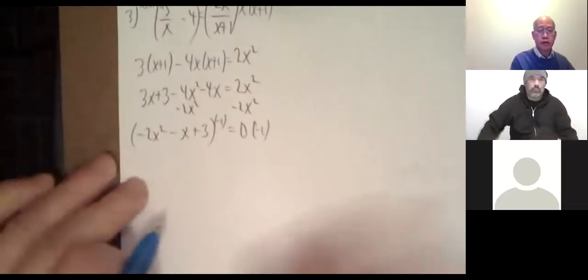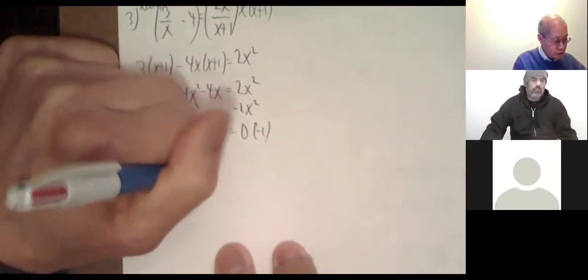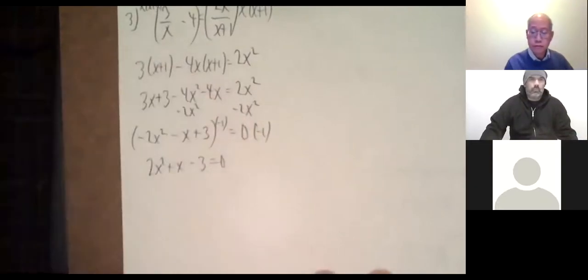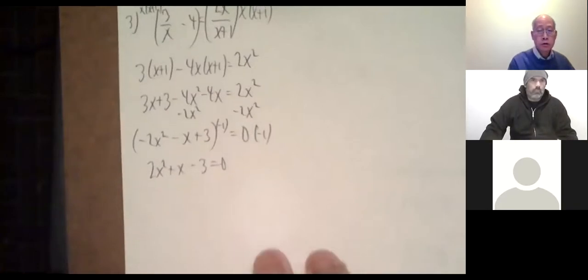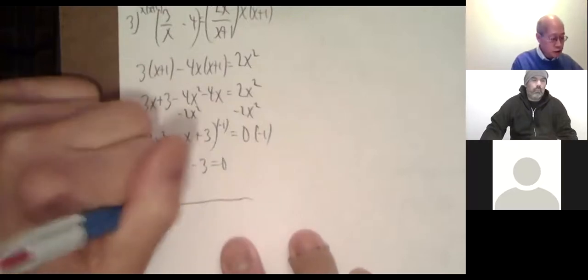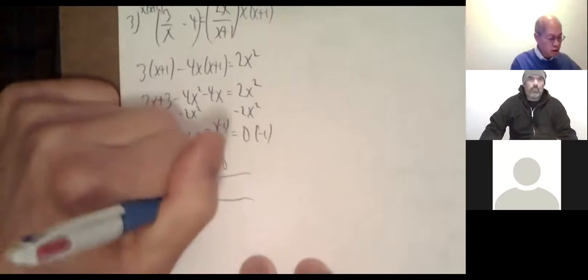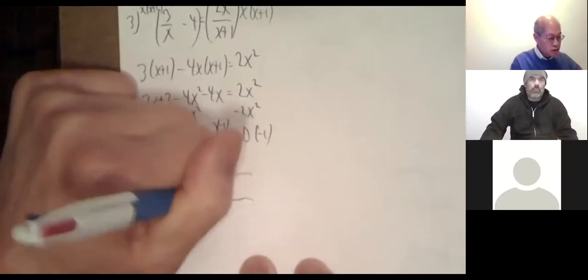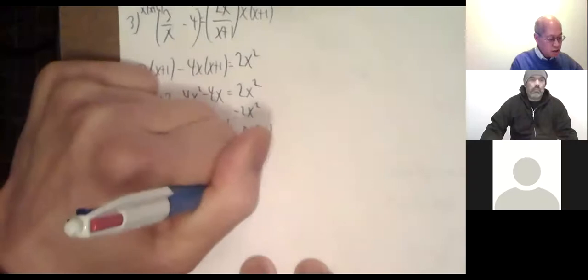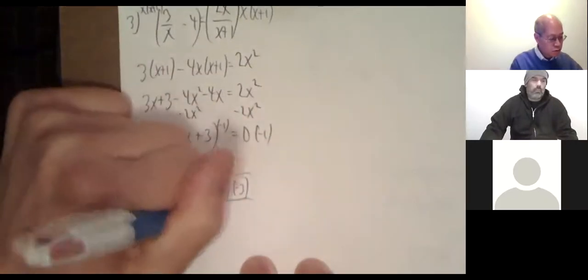And I'll multiply both sides by negative 1, just to make the leading coefficient positive. It's usually preferable that way to have a positive here. 2x squared plus x minus 3 equals 0. Okay, so quadratic formula time. x is negative b. Negative 1 plus or minus the square root of b squared, which is 1, minus 4 times a times c, over 2a.